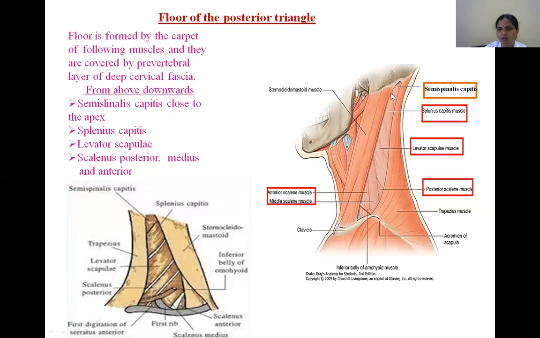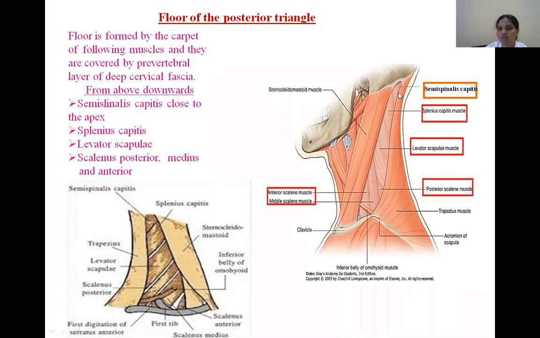Most close to the apex, it is formed by the semispinalis capitis. Sometimes we may not appreciate this muscle, but in some specimens we can appreciate it. Close to the apex, we can appreciate semispinalis capitis. And immediately beyond that, all the other muscles slope downwards obliquely.